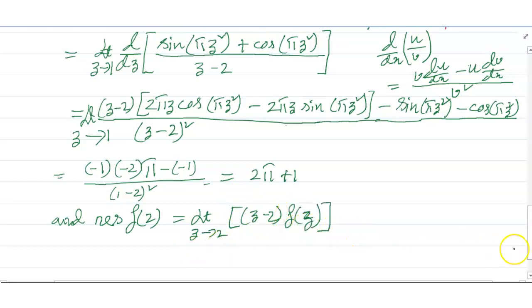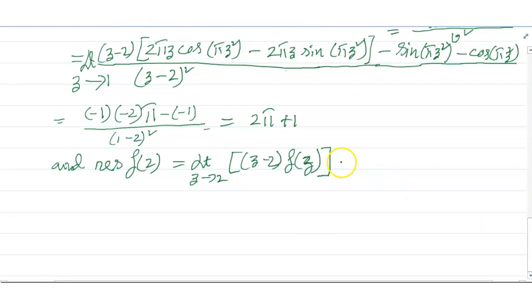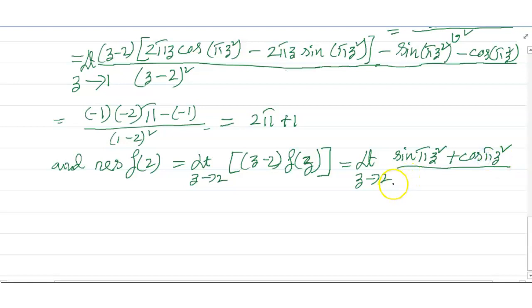That value can be written as limit z tends to 2 of sin(πz²) plus cos(πz²) divided by (z minus 1) whole square. This value is equivalent to just putting in 2 here: sin 4π means 0, cos 4π is equal to 1, so this value is 1.